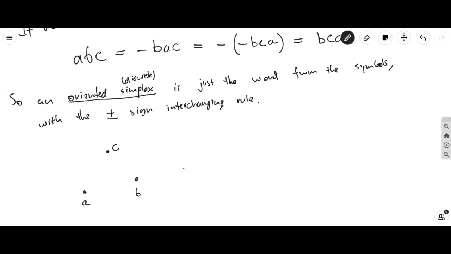So you're going to go from A to B, and you're going to draw an arrow. The arrow indicates you're going like this, right? From A to B. Then you go from B to C. And then you go from C back to A. It kind of goes in like a circle.